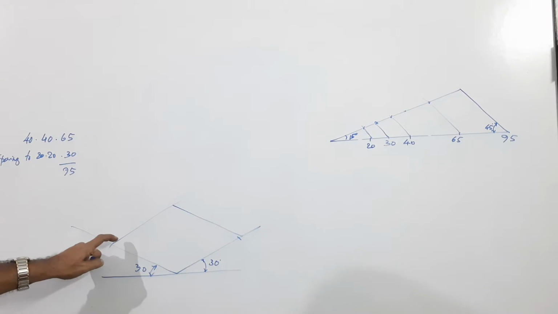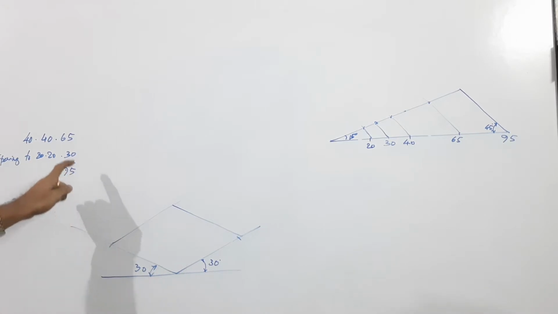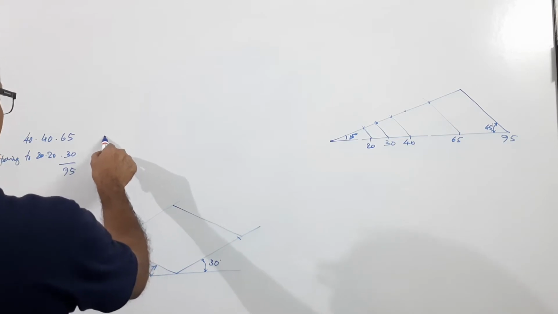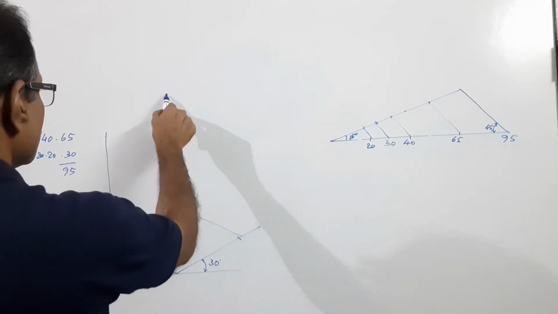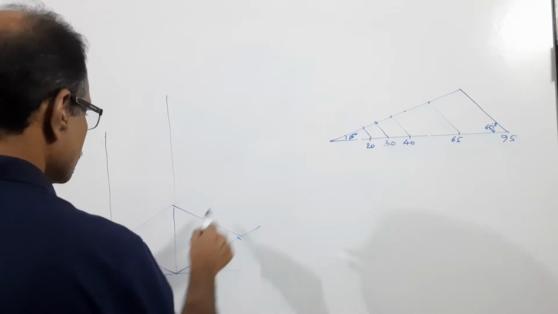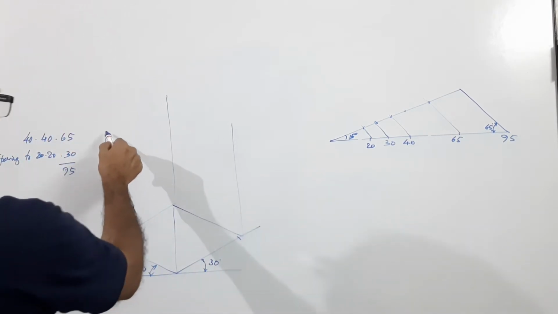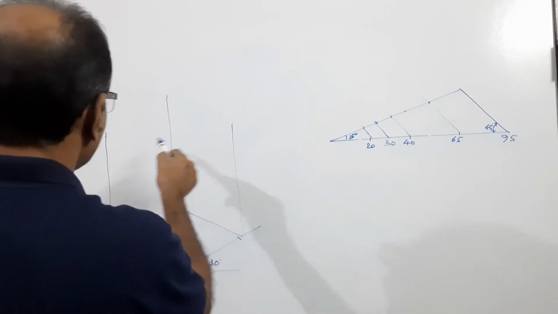From these four corners, take ISO 65 up. Measure ISO 65 up and then connect.